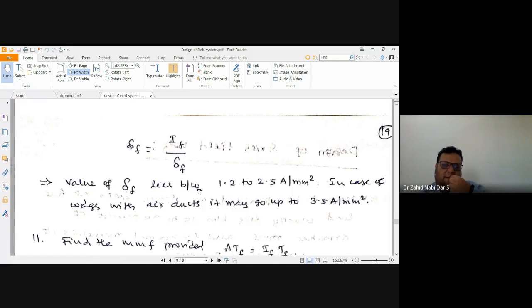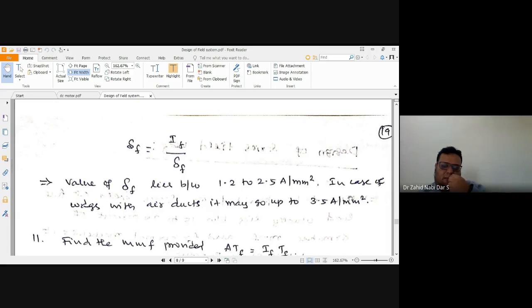So the value of this delta F should lie between 1.2 to 2.5 ampere per millimeter square. In case of windings with air duct, it may go up to 3.5 ampere per millimeter square. Now if this delta F value is given in millimeter square and the main dimension is in meter, then you have to multiply by 10 power 6.